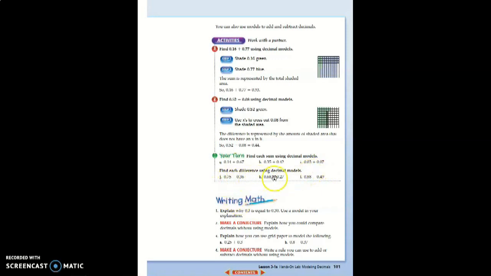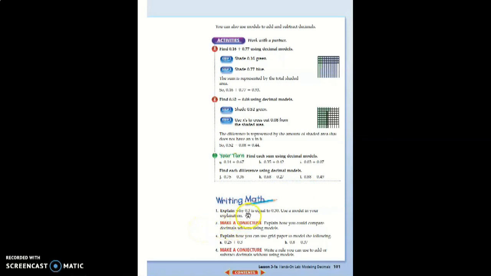Find each difference using decimal models. J, 0.75 minus 0.36. K, 0.68 minus 0.27. L, 0.88 minus 0.49.